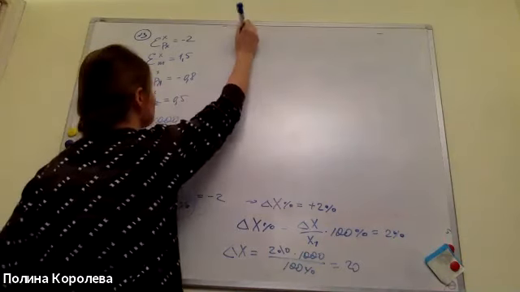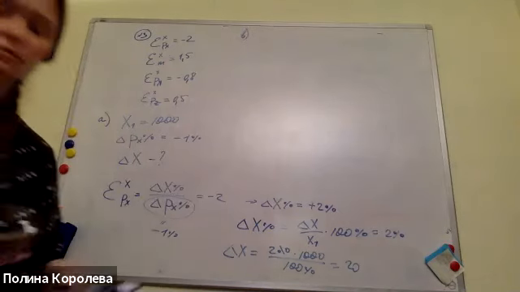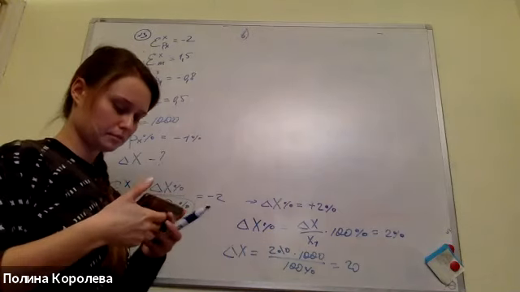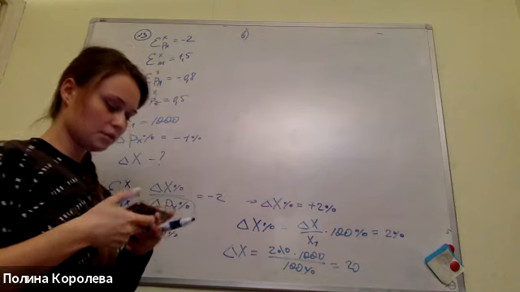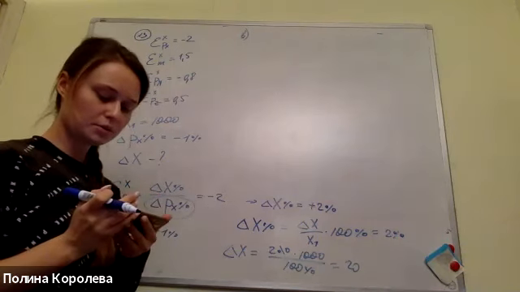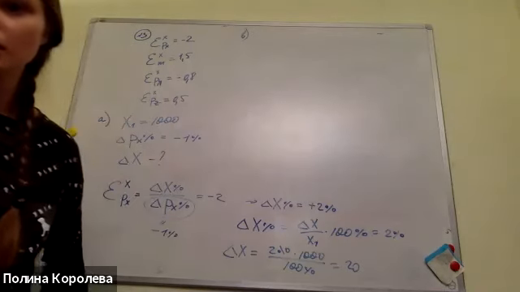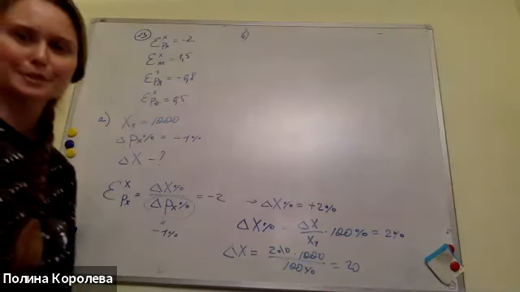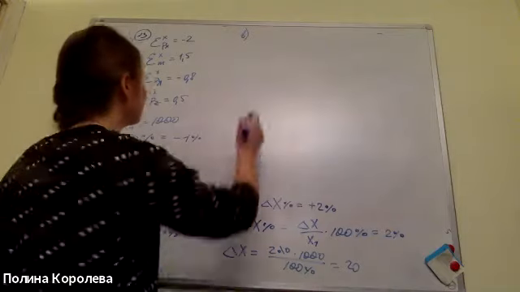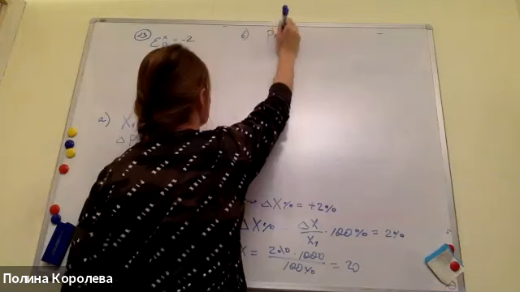Good, thank you. B. If this firm wanted to increase its revenue, would it make more sense to raise the price of X or lower it? I hope you can answer it now. Anastasia, what should we do? Lower. Why?